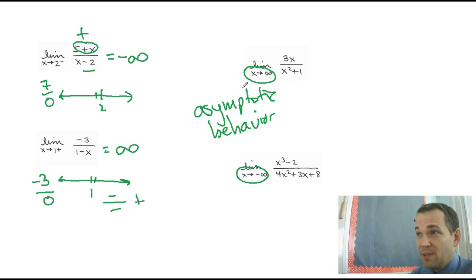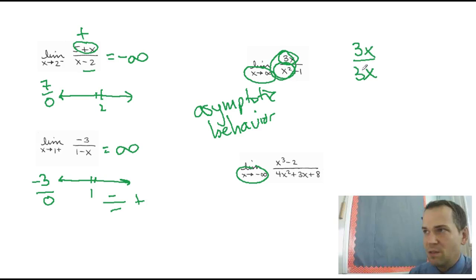One way to think about this is as x gets really, really, really far from 0, whether it be like a billion or like negative a billion, all that really matters in each of these different expressions is that lead term. So to figure out the limit as x goes to infinity without a calculator, if I haven't memorized all those rules about horizontal asymptotes, is to look at the lead term of the numerator and denominator.